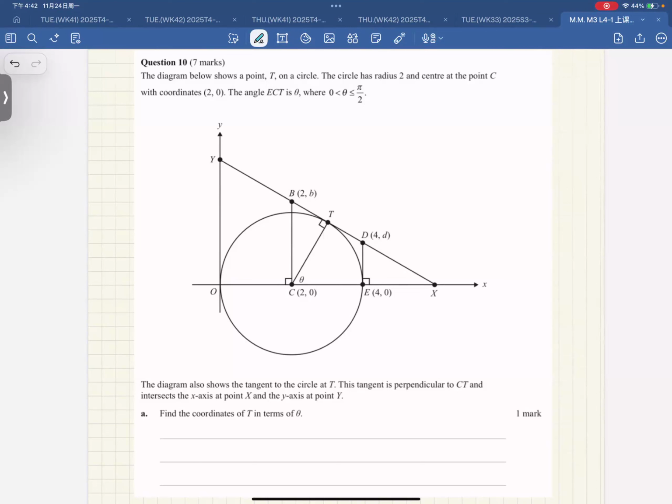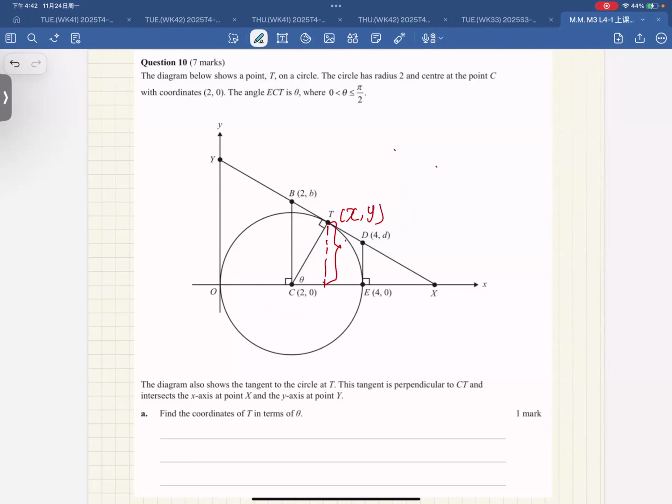Okay. So basically, the question asks to find the coordinates of T in terms of theta. The coordinate of T is x, y, right? So basically, we want to find the y coordinate.